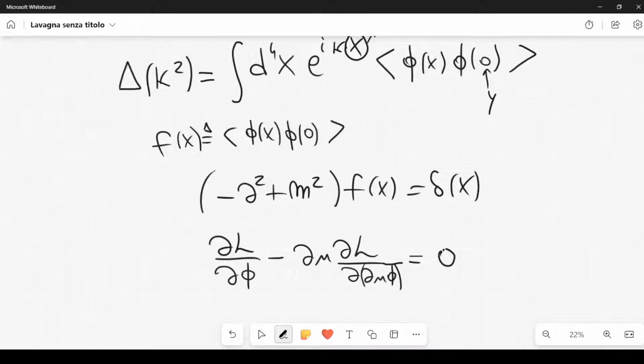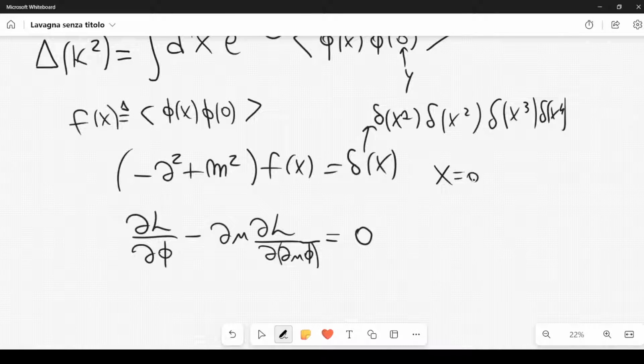This is equal to 0 if, of course, x is not 0, because if x is equal to 0, you can see that the equation of motion here is equal to this Dirac delta, so it will give us an infinity when x goes to 0. In particular, you have to think that this is equal to delta of x1, delta of x2, delta of x3, delta of x4. So what do we mean by x equal to 0? We mean that x1, x2, x3, and x4 should all be equal to 0.